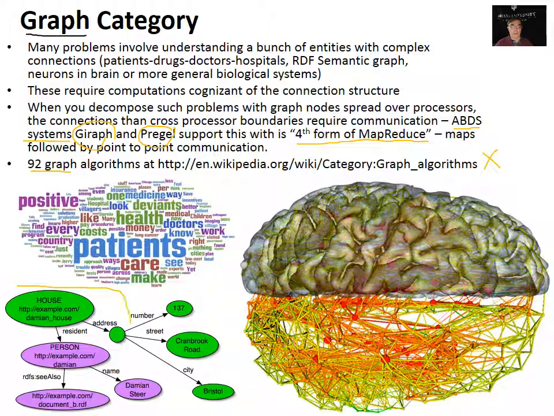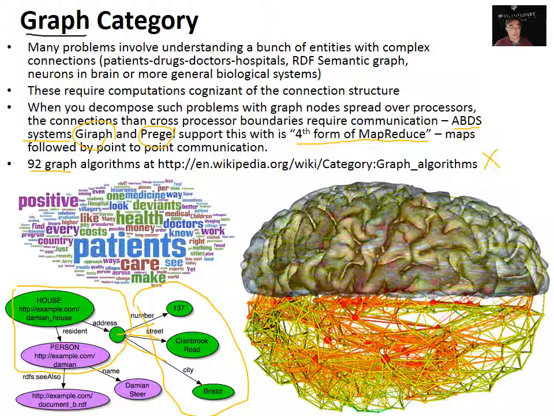Let's suppose we store those three nodes in one computer and these three nodes in a different computer. Then when we're doing a study of this graph in parallel, this computer will look at these nodes, the other process will look at these three nodes, but they are linked together. And these linkages cross the processor boundaries.